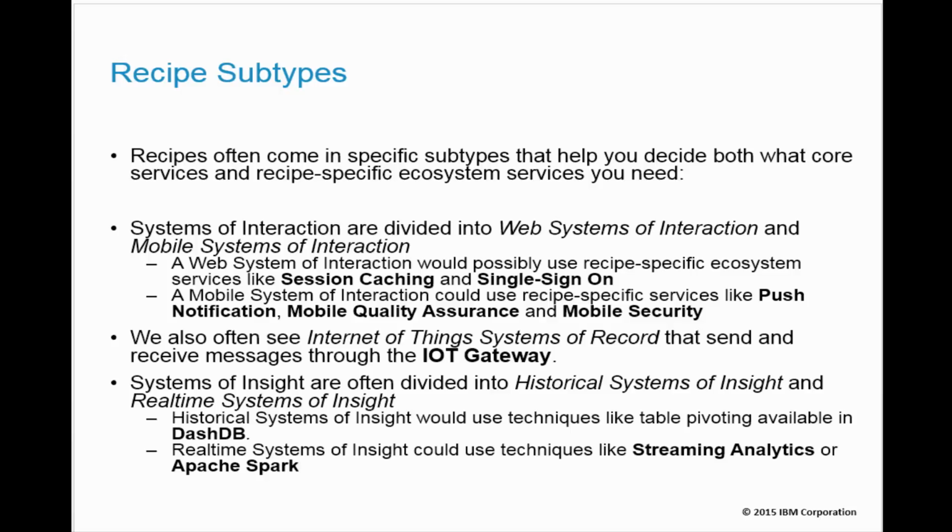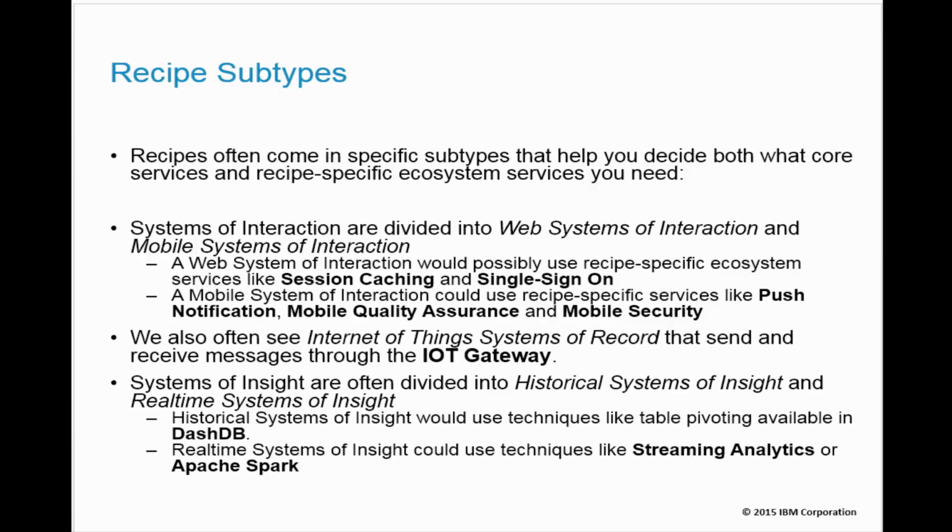Likewise, if you're doing Internet of Things systems of record, we often see that you're going to use the IoT gateway. And then finally, when you're looking at systems of insight, we've seen that there are at least two different cases. One of them is what we're calling historical systems of insight, which use techniques like table pivoting that are available through systems like DashDB to look at lots of data and analyze data that came in in the past.